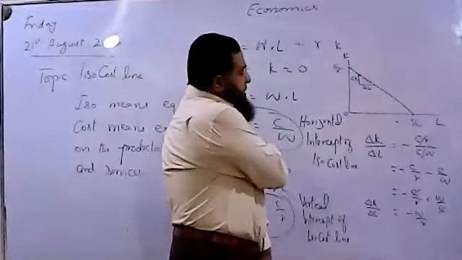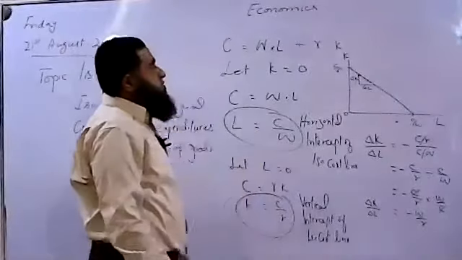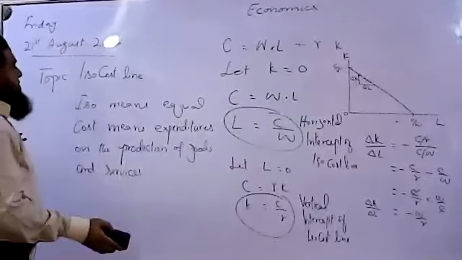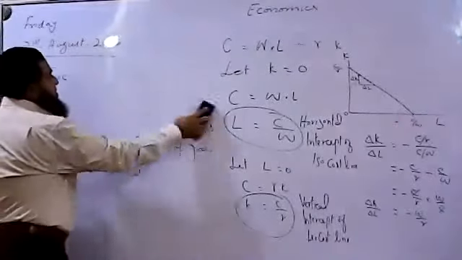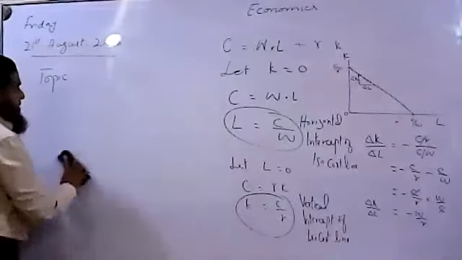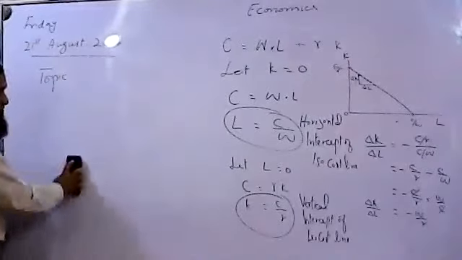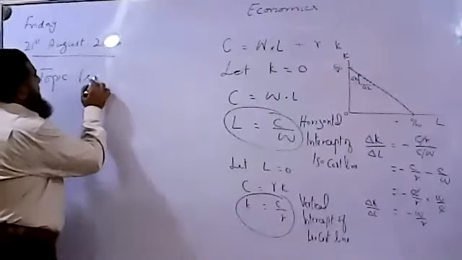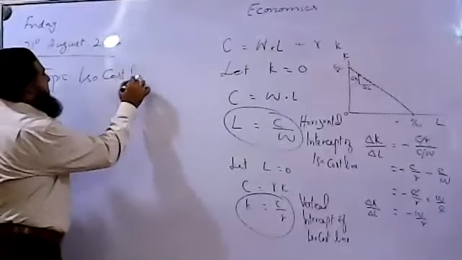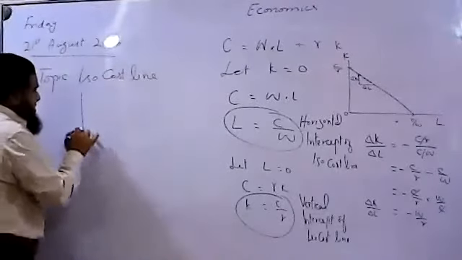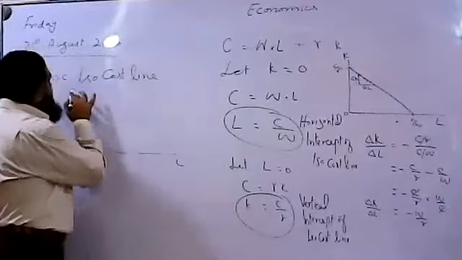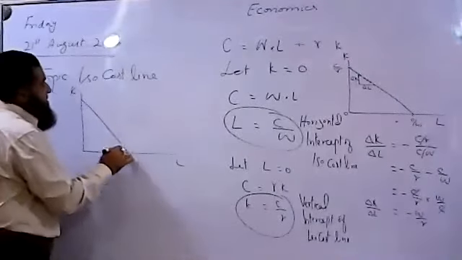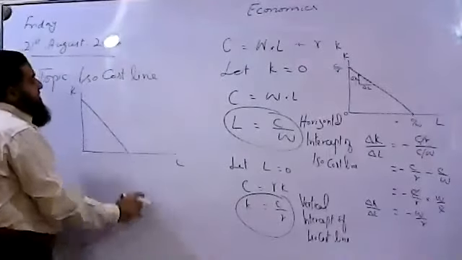As wages are going to increase, what happens to this isocost line? Now I'm using this part of the board. Now see, isocost line, this is our topic. So what happens when interest rate and wages are going to change?